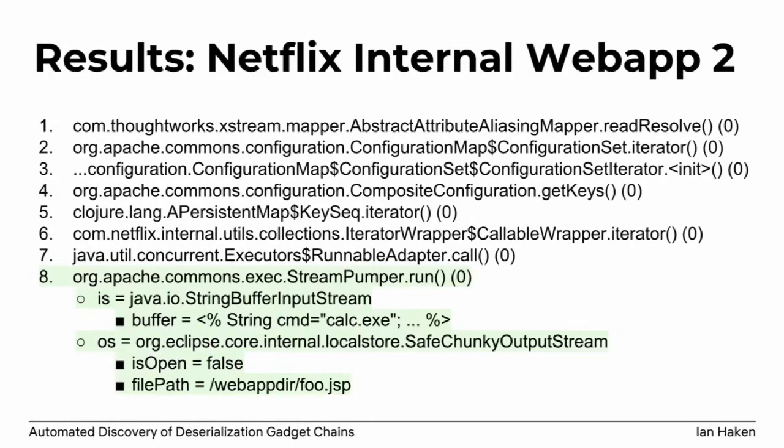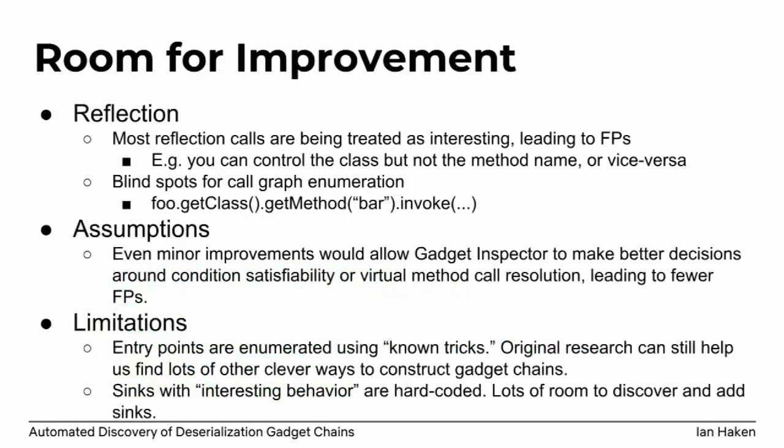So there's a small tweak you can do on this where you specify an arbitrary string as your input stream, and then an arbitrary file path as your output stream. And now I can write an arbitrary string to a JSP file and get RCE with this gadget chain. So this was even worse than what Gadget Inspector originally thought it was. And so that's amazing. This thing was able to tell us in the course of a few minutes that there was an RCE gadget chain in this app. So that is a huge win.